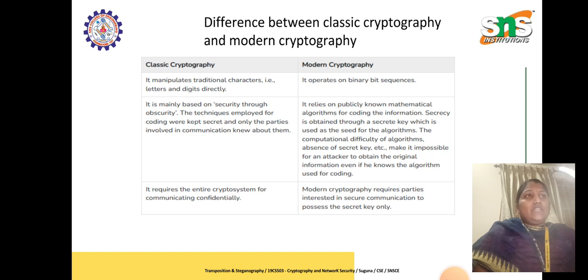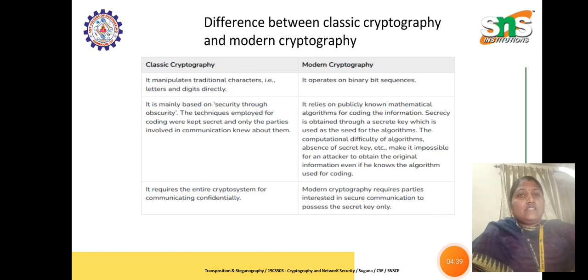Modern cryptography works on binary bits, taking a stream of data or a block of data, and uses an algorithm, mathematical equations and some algebraic structure to perform the encryption, which gives stronger security to the data when compared to classic or traditional cryptography. Here I have provided the main difference between classic cryptography and modern cryptography. The things I explained are given in the slide, segregated as classic cryptography and modern cryptography.